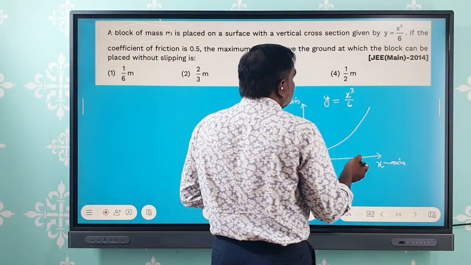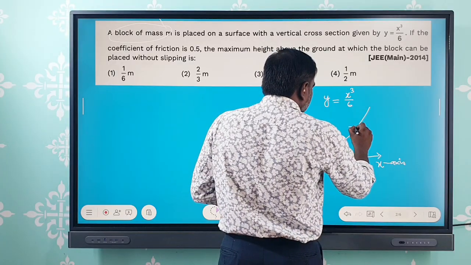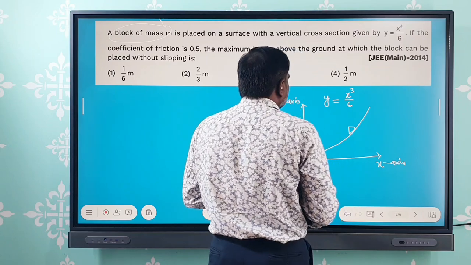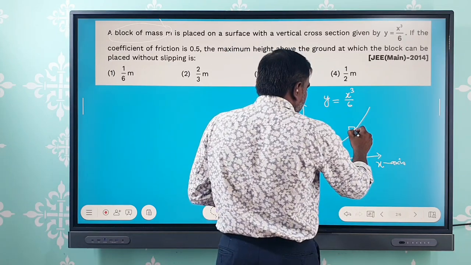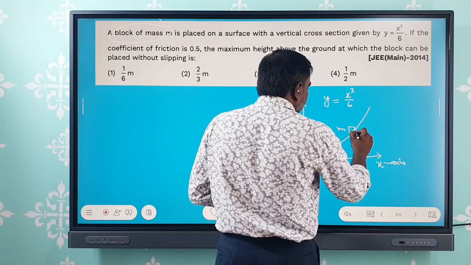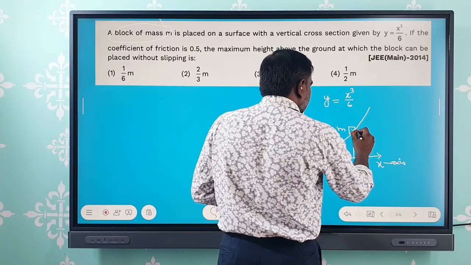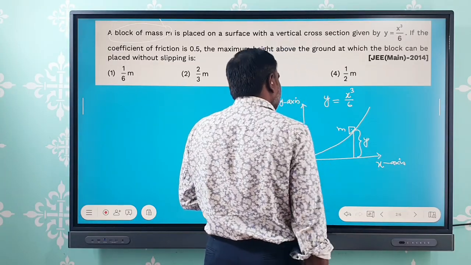At what height should you place this block? So let us consider that this block is placed at this height. This block has mass m and its height from the ground is y, right?